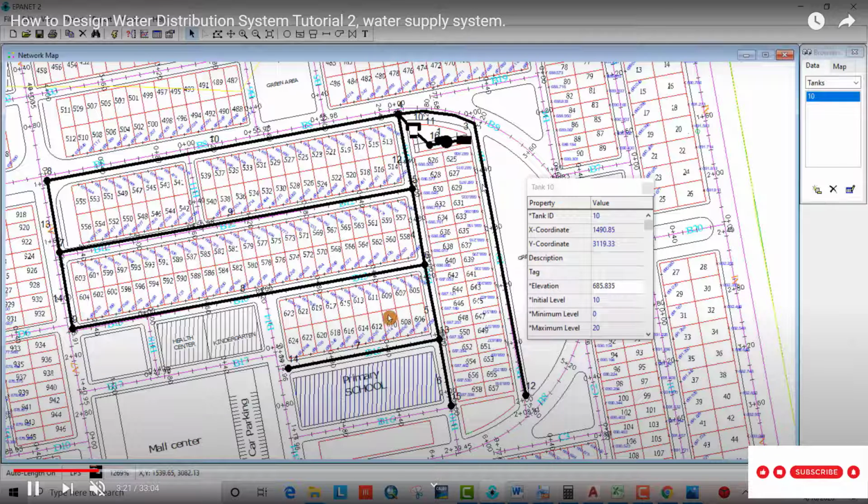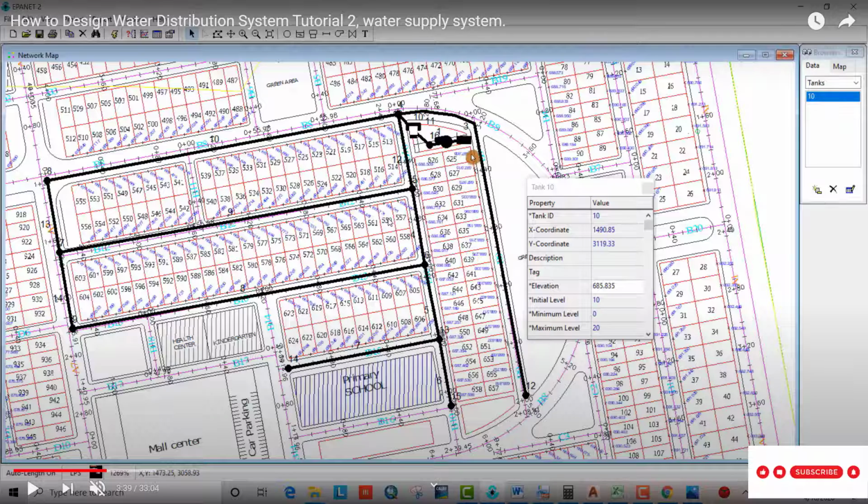Now we have to provide base demands for the nodes. Here you see it's a loop, so the calculation for the node is different. Water demand for the number of houses, all houses, and we divide by the number of nodes for the loop. But for branch, it is done in a different way.